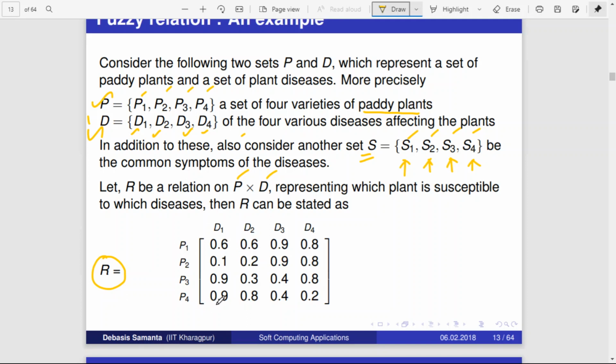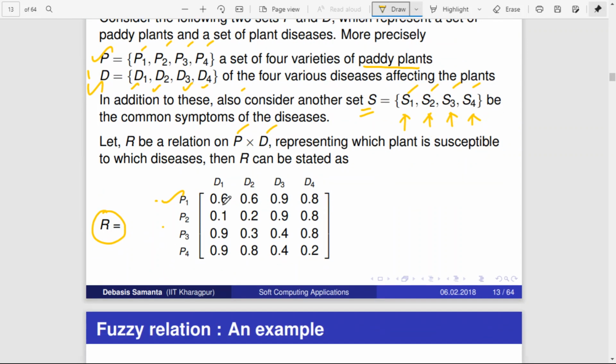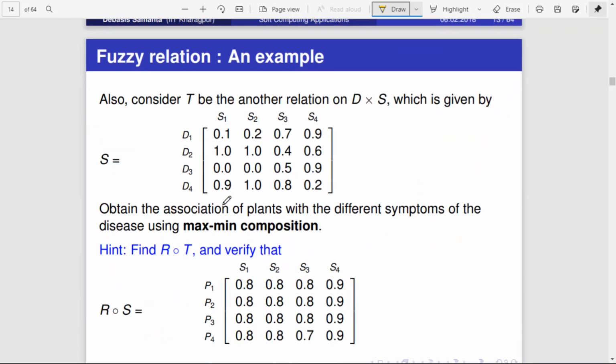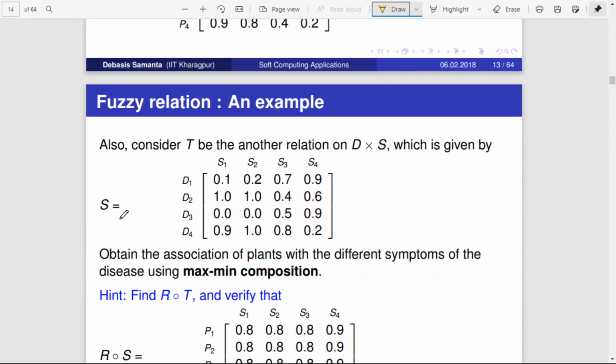That relation is defined something like this: P1, P2, P3, D1, D2, D3. That is, paddy variety 1 can get disease 1 with a certainty of 0.6, disease 2 with a certainty of 0.6, disease 3 with a certainty of 0.9, disease 4 with a certainty of 0.8, and so on. So R is a relation only on P and D. Similarly we have another relation S which is on D and S, where D is the disease and S is the symptom.